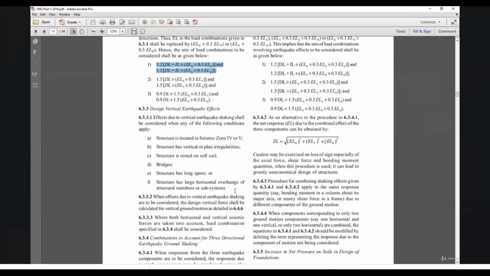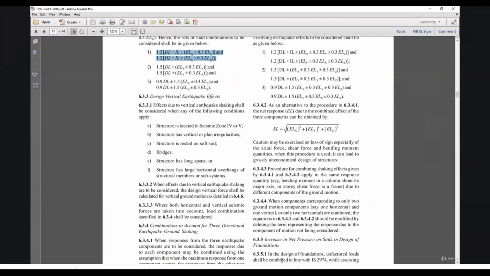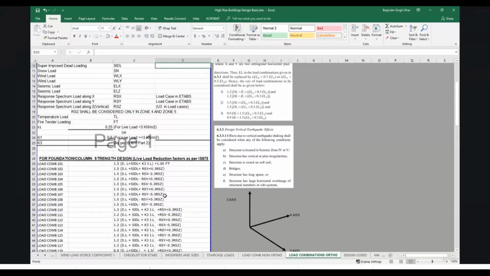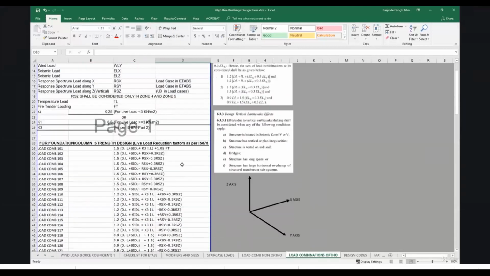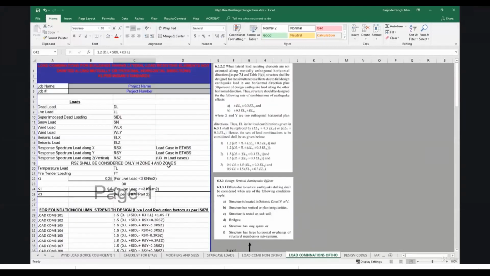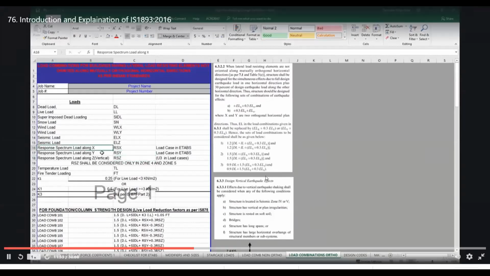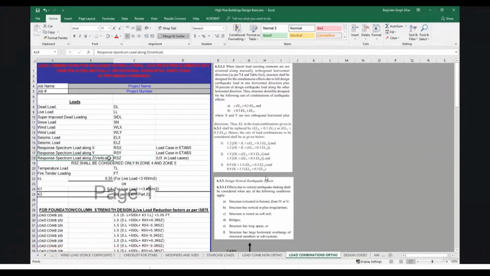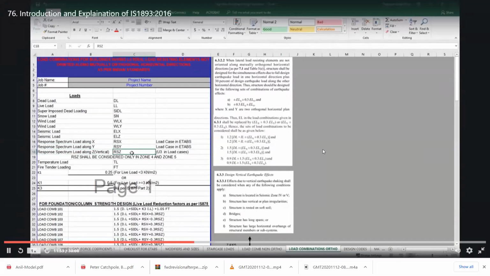So in our case also, I have prepared this list of load combinations. Here RSX, RSY and RSZ are the response spectrum loads along X, Y and Z, where Z is the vertical axis.